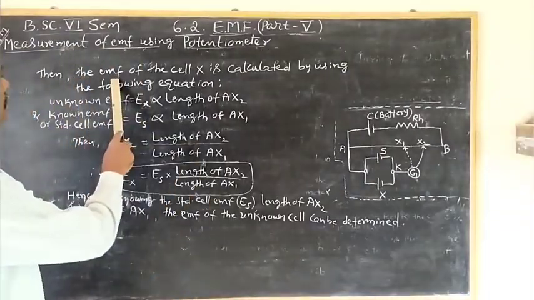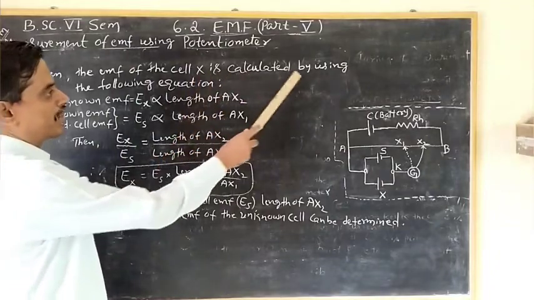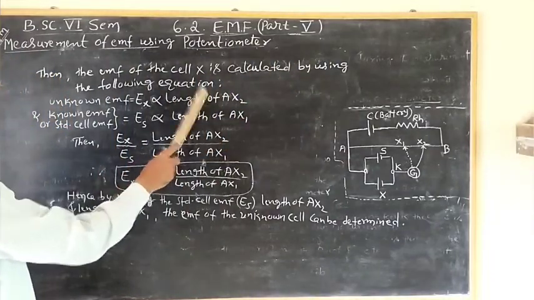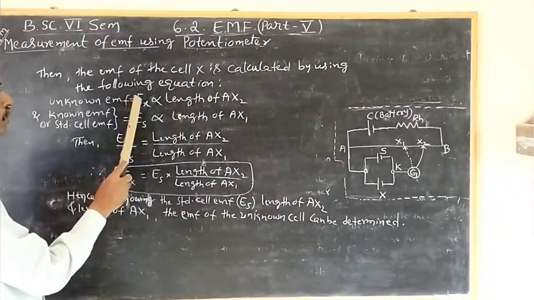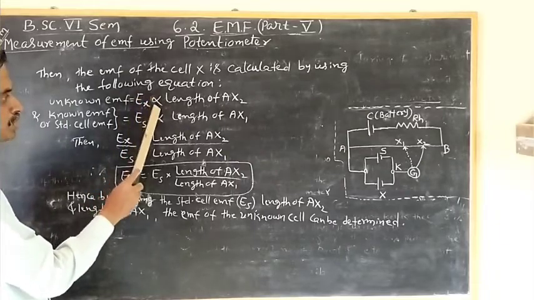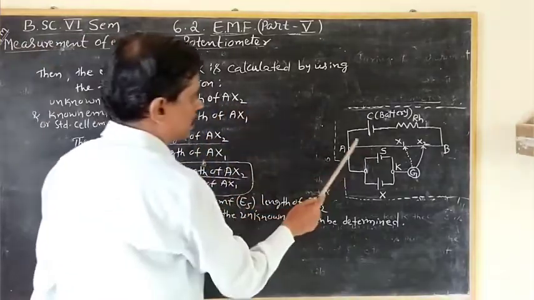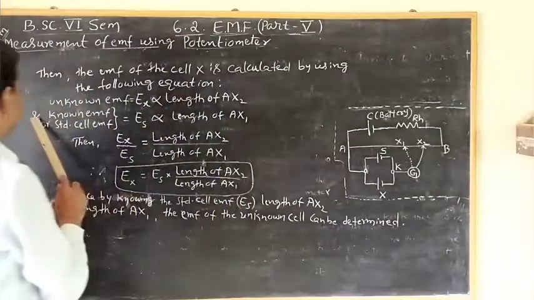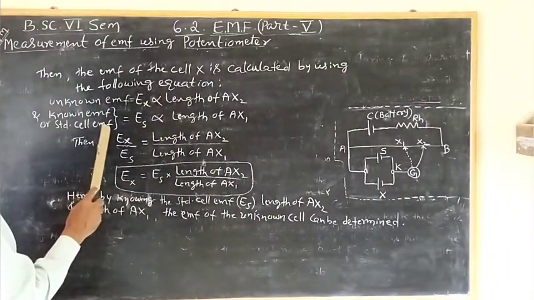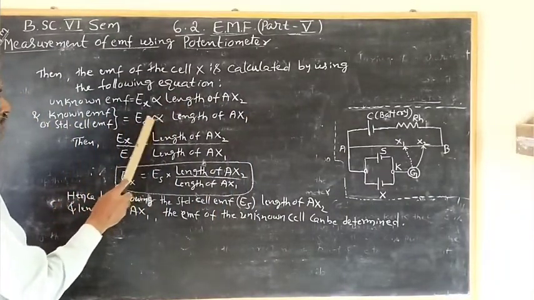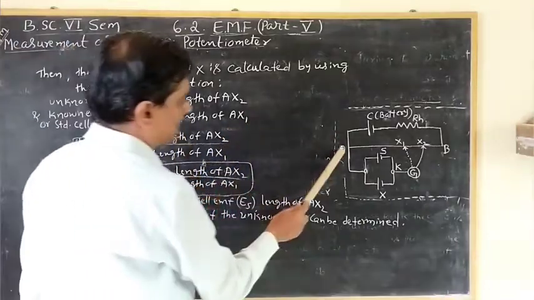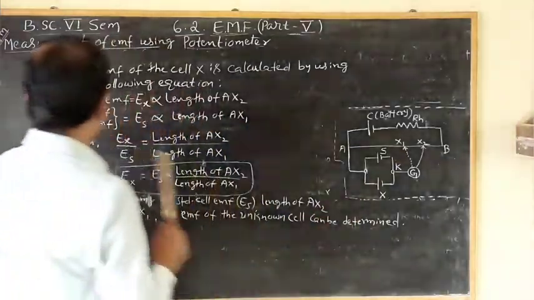Then the EMF of the cell X is calculated by using the following equation. Unknown EMF Ex is proportional to the length AX2, and the known standard cell EMF Es is proportional to the length AX1.